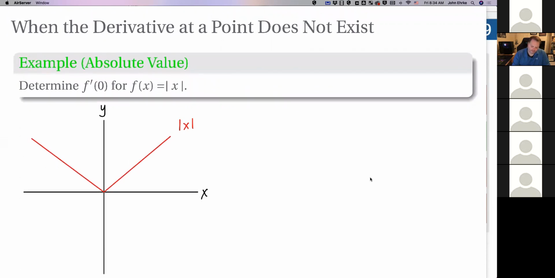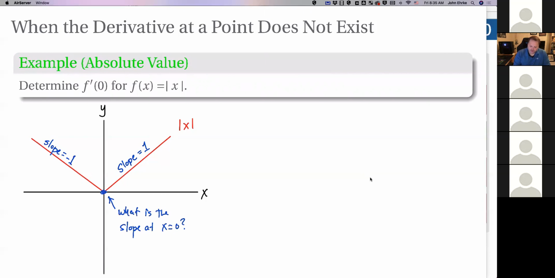So here the slope of this function is 1 on the right-hand side. To the right of 0, the slope is 1. And to the left-hand side of 0, the slope is -1. So that begs the question, what is the slope at x equal to 0?